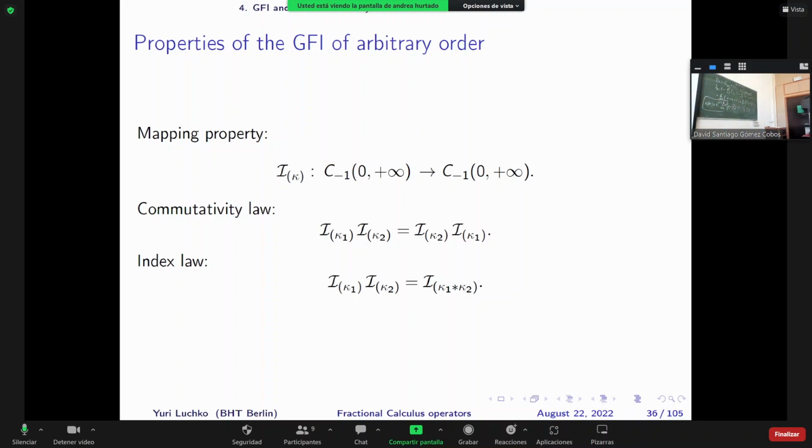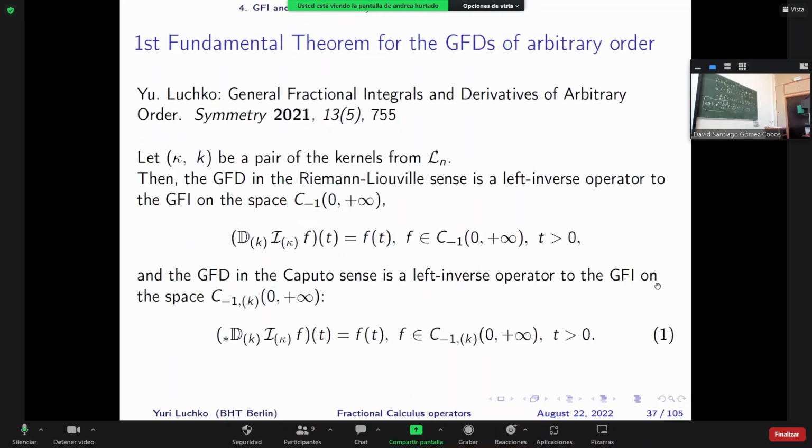As to the general fractional derivatives of arbitrary order, again the two fundamental theorems of fractional calculus are fulfilled here on the special spaces of functions. So the fractional derivative with the kernel k of arbitrary order. In this case, the kernels kappa and k are from the set of kernels Ln.